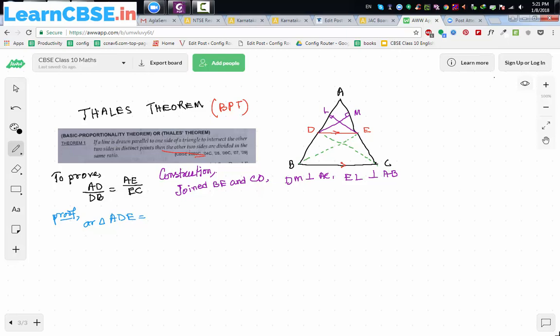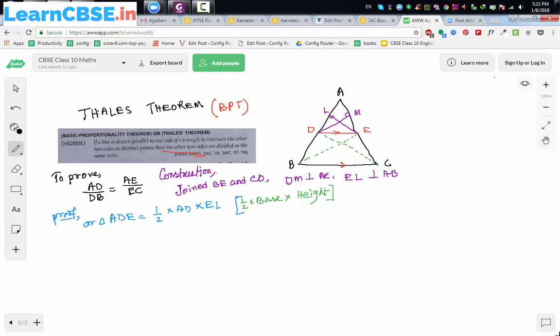It will be half into AD into EL, using the formula half into base into height. Using this formula, we got the area of the triangle ADE as half into AD into EL.